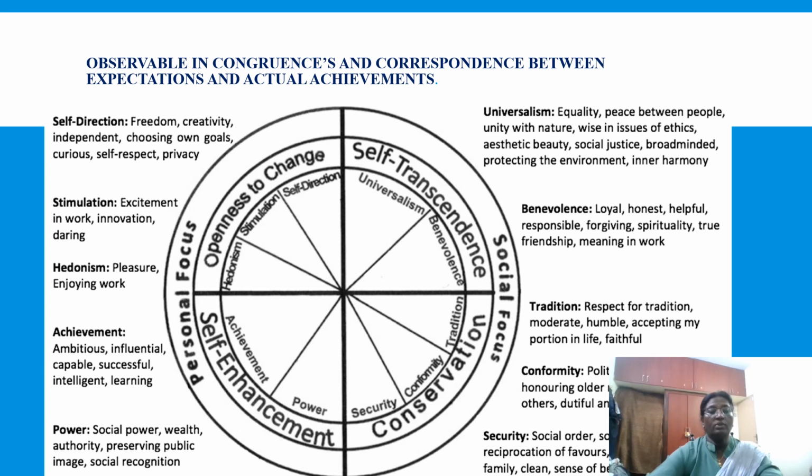And hedonism, it's pleasure and enjoying the work. When they understand, they like the subject, they will enjoy the subject and do the work. If students like mathematics, it means they will enjoy doing the maths. Some children give more importance to a particular subject.